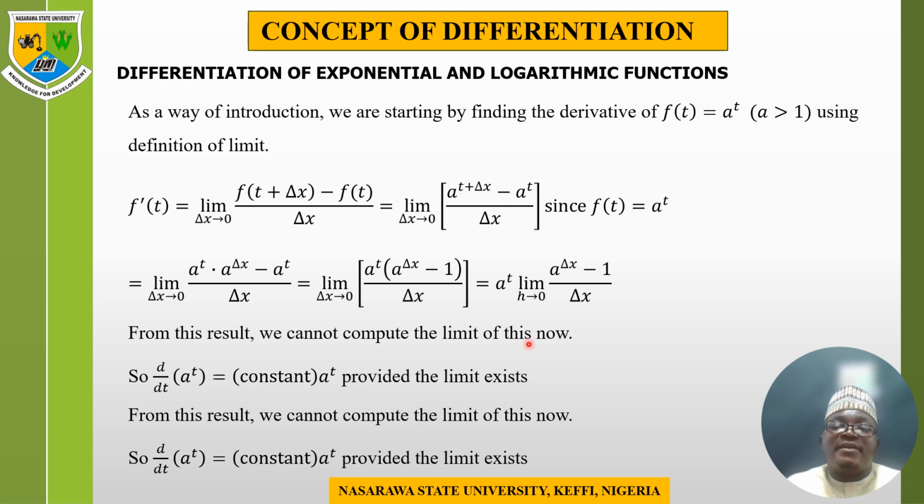Then when you simplify together here, you are going to have this. From this result, we cannot compute the limit of this now, because t here is a constant variable, provided that the limit exists.